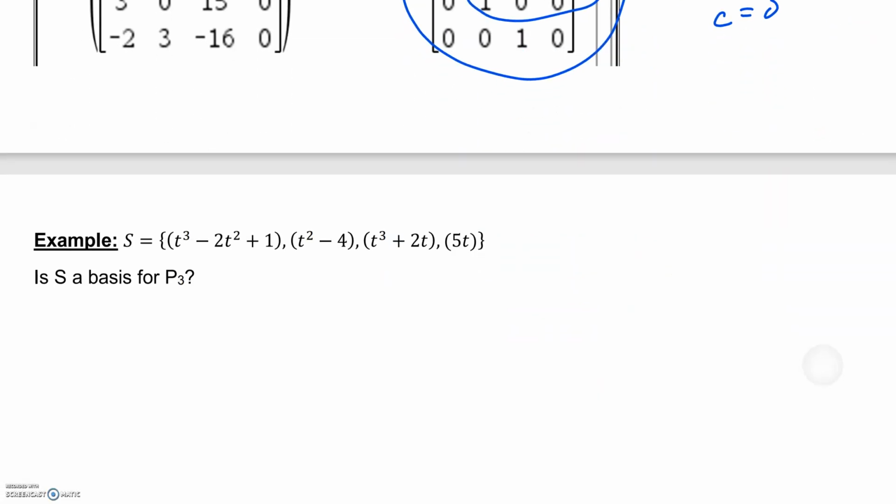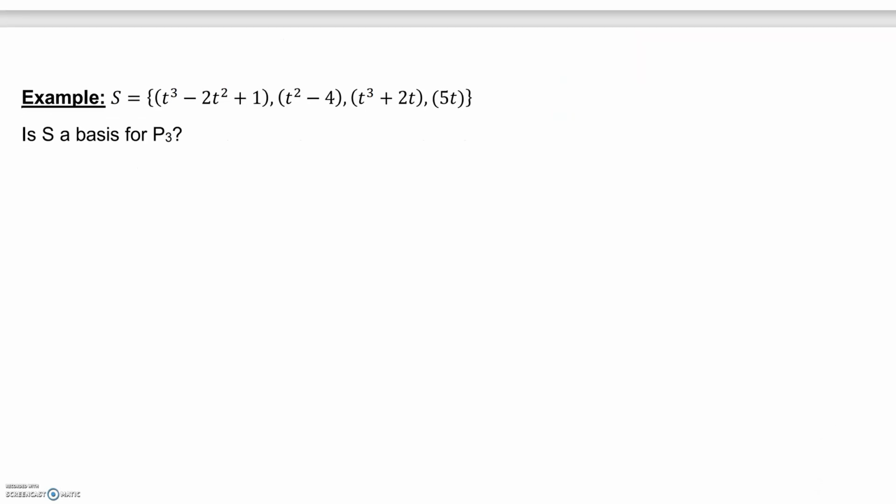Okay, let's look at one dealing with polynomials. Would this be a basis for P3, meaning polynomials of degree 3? Well, again, we're going to check to see if it spans, right? Does it span P3?